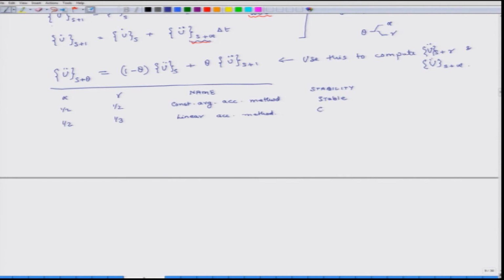This is conditionally stable. Another set of alpha and gamma could be half, gamma could be 0. This is called the central difference method. This is also conditionally stable.